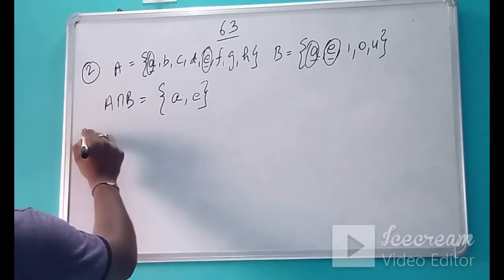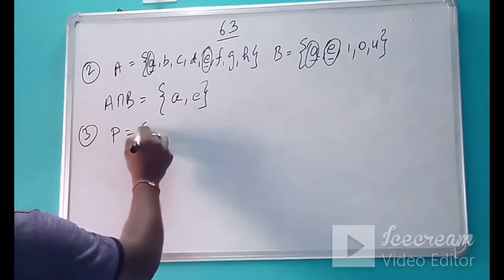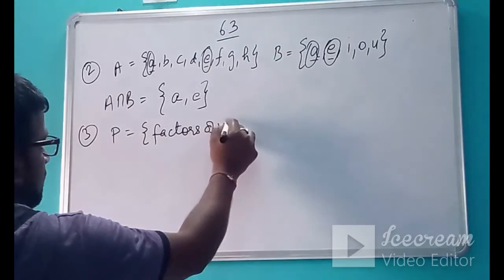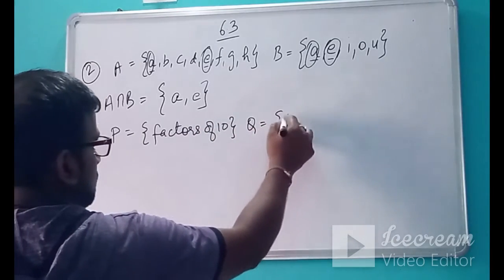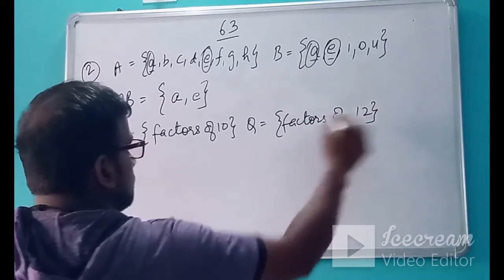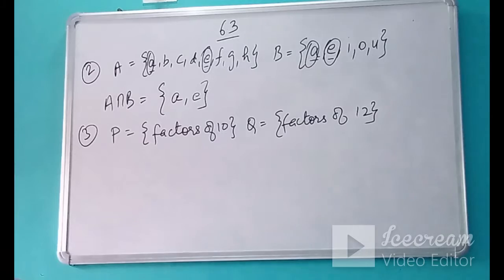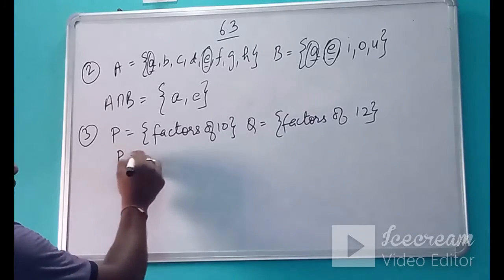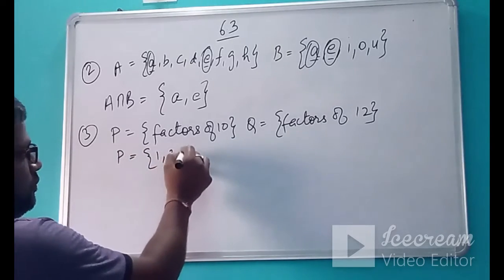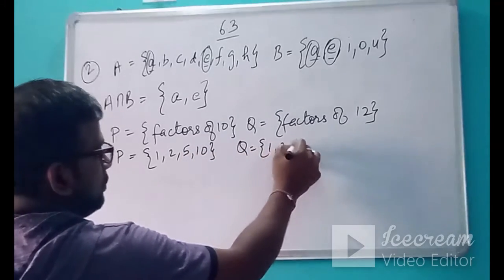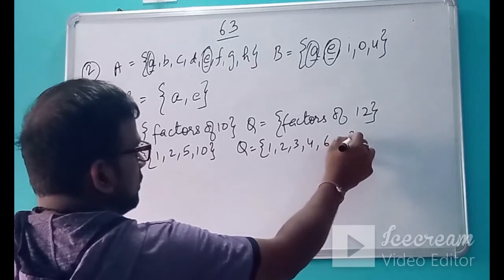Okay. Suppose we have P equals factors of 10 and Q equals factors of 12. So again you cannot calculate the intersection or union of the sets in this form. This is the description form. So first we have to convert it into the roster form, that is P = {1, 2, 5, 10}, and Q will be {1, 2, 3, 4, 6, 12}.